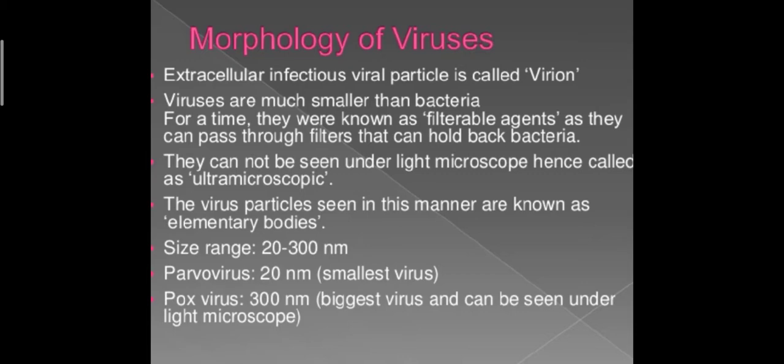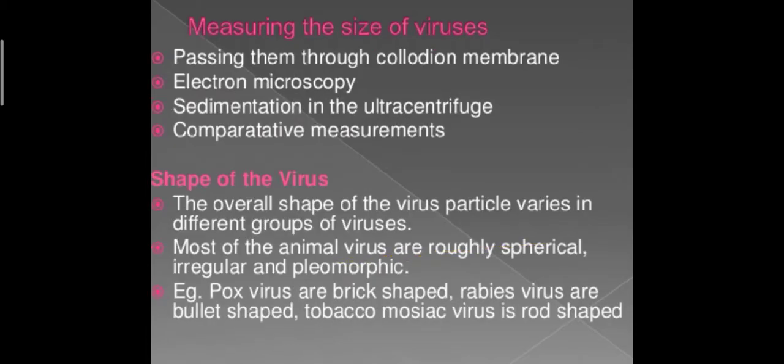We need an ultra microscope to observe them. To measure the size of viruses, we have some apparatus or instruments. In microbiology laboratories, we can observe all these instruments for measuring the size of the virus.